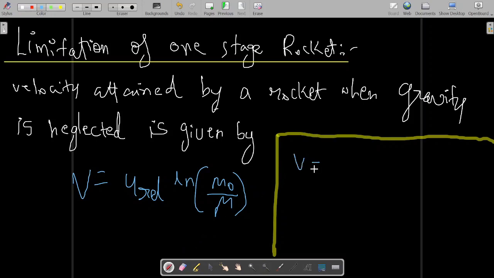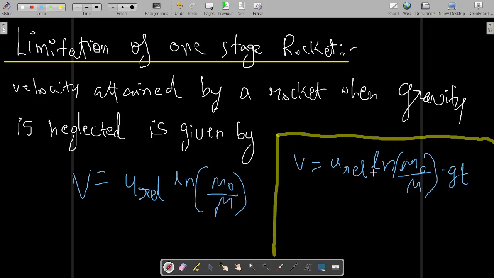So your v is equal to u relative ln m naught over m minus gt.